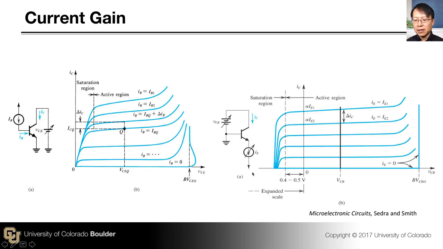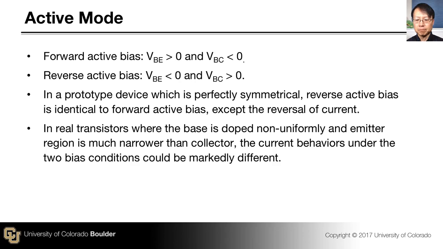Again, as you change your emitter current I sub E, you change your I sub C, and I sub C increases as you increase I sub E, and that relationship between I sub E and I sub C is represented by the parameter alpha sub f defined in the previous slide.